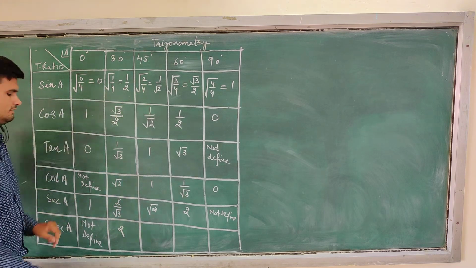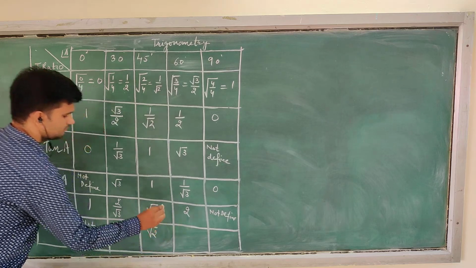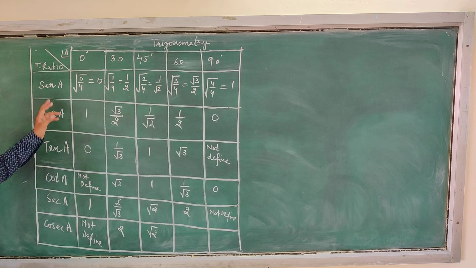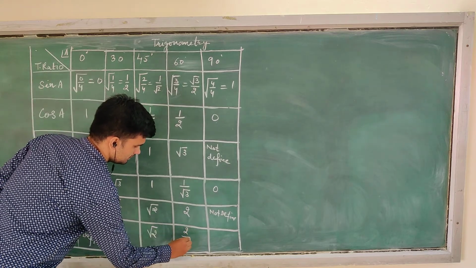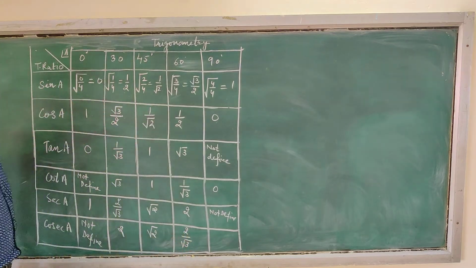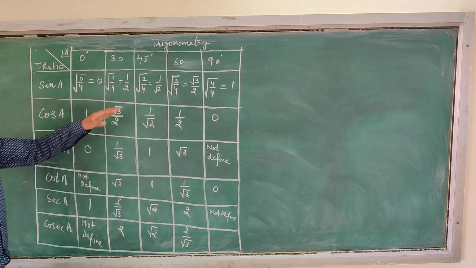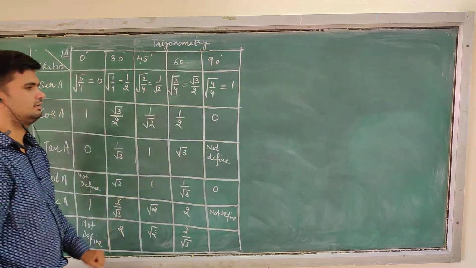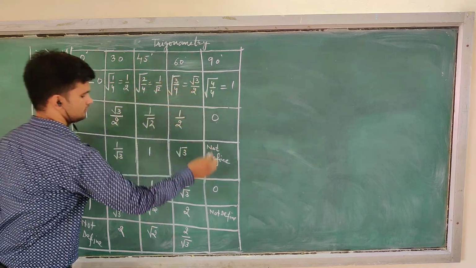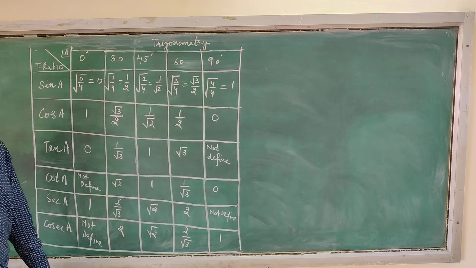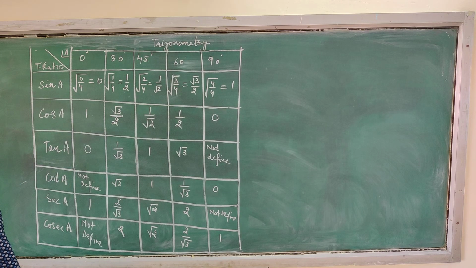Sin 45 is 1 by root 2, so cosecant 45 is root 2. Sin 60 is root 3 by 2, so cosecant 60 is 2 by root 3. Now see here, sin 90 is 1, so cosecant 90 is also 1. This is your trigonometric table.